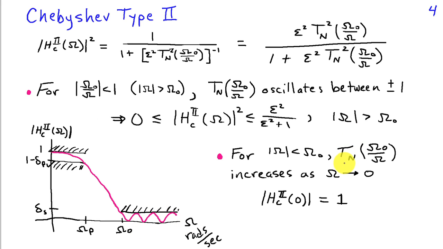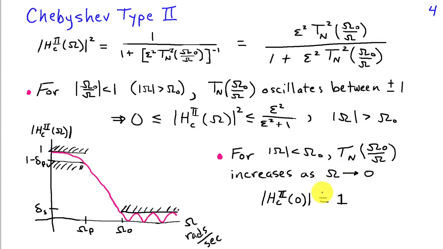We know that as omega goes to 0, in other words, the argument of the Chebyshev polynomial goes to infinity, this polynomial is monotone increasing, so we get larger and larger values for Tn squared, and thus the 1 drops out, and basically our response converges to 1.